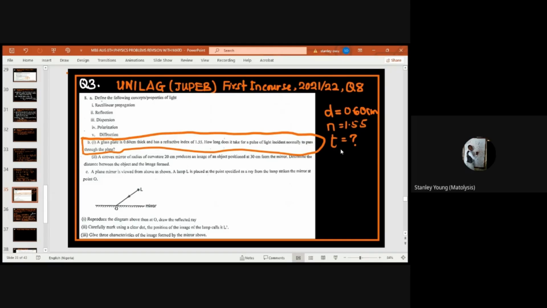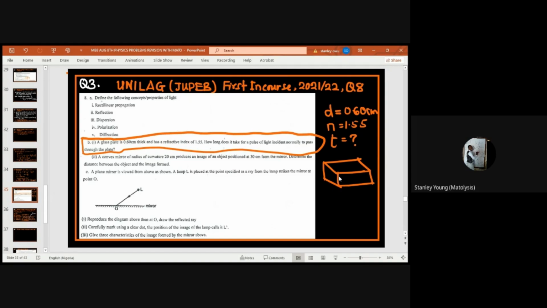So the question wants to know the time it's going to take for a pulse of light to pass through the glass. So how do we solve this particular problem? Let me give you a visual representation. So this is the glass here. The question gave you the thickness.